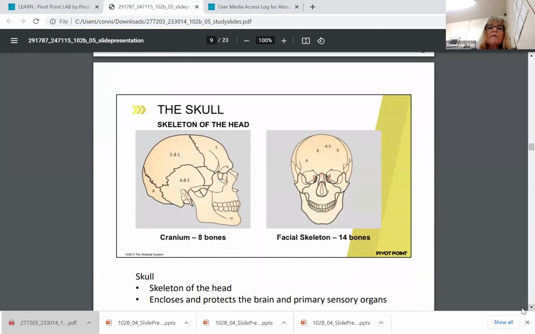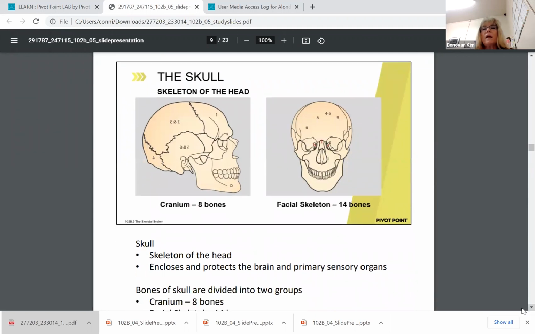So when we talk about the skull, which is the skeleton of the head, right? You have 8 cranium bones and 14 facial bones. Now, if you remember this, it's a total of 22 bones, but you really don't have to remember 22 because some of these bones are 2. You have like 2 cheekbones and you have 2 temples. So you'll have 2 bones on some of these.